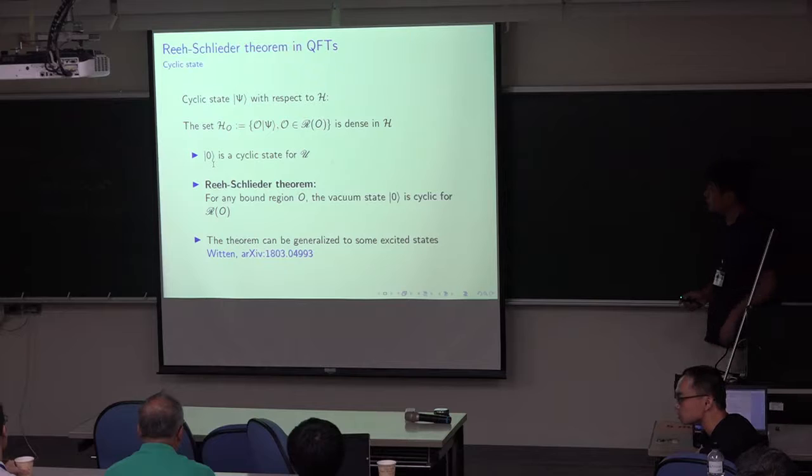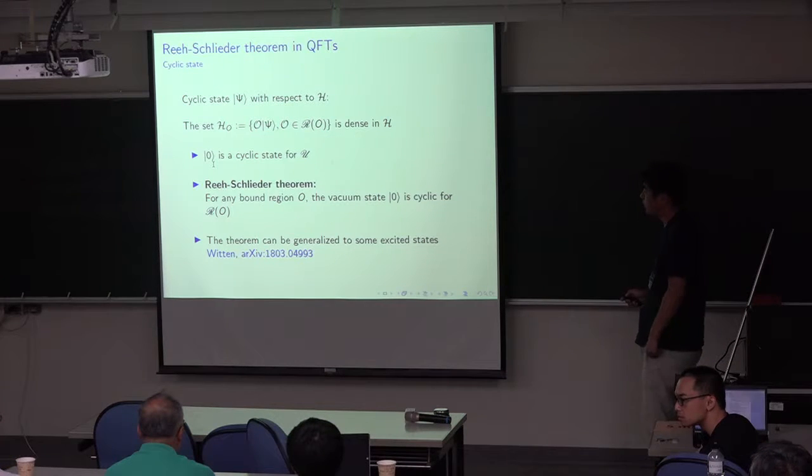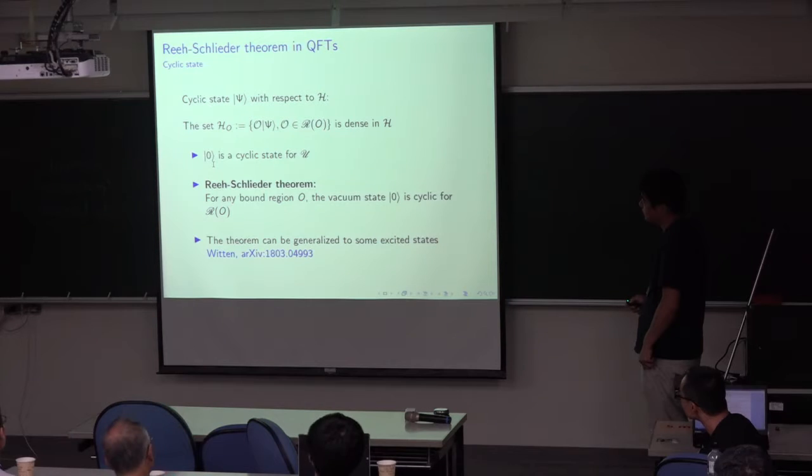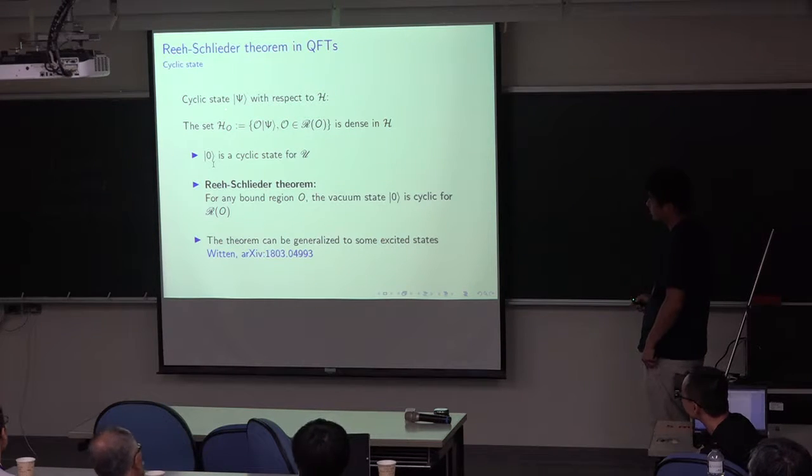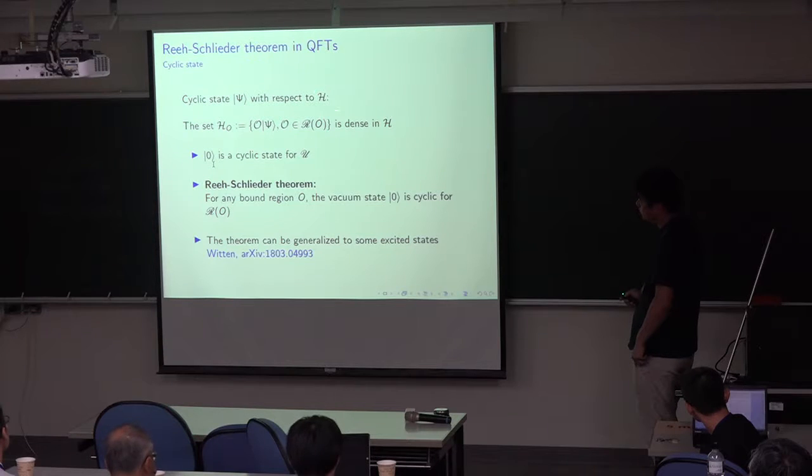The Reeh-Schlieder theorem in QFT means that we can define the concept of a cyclic state. A state is cyclic with respect to the whole Hilbert space H if acting with the algebra on it generates the whole Hilbert space.